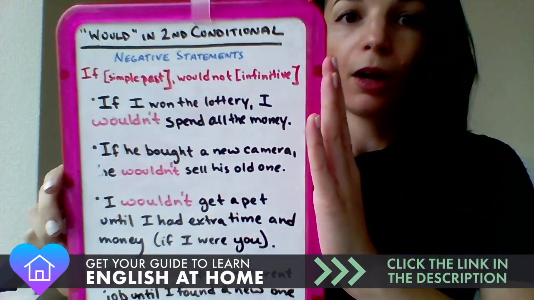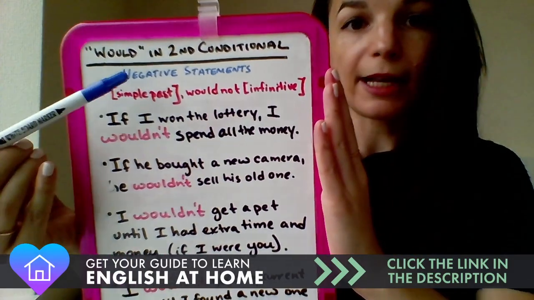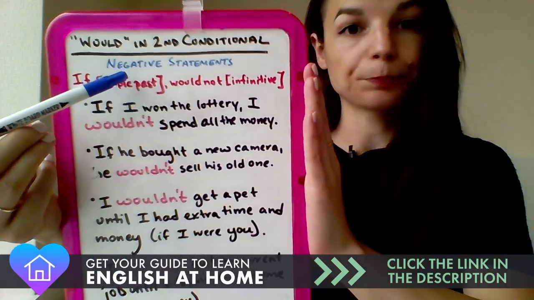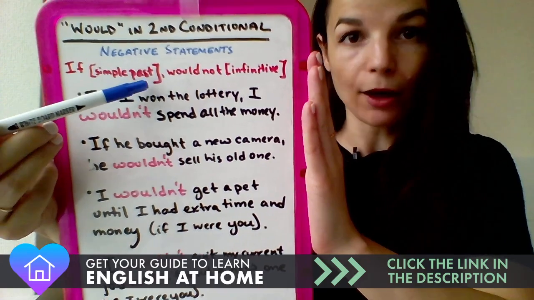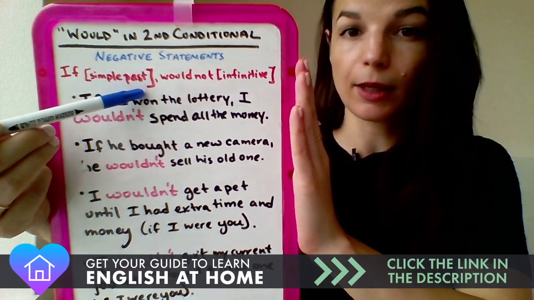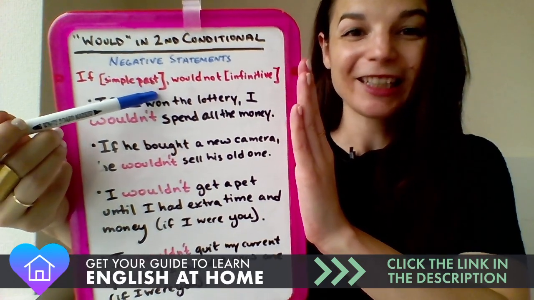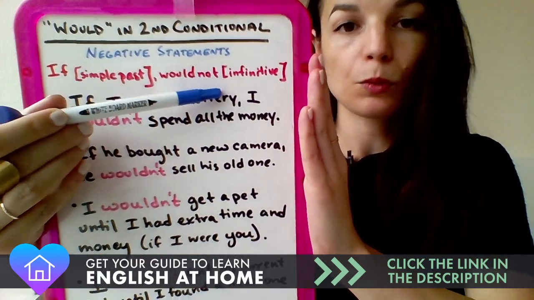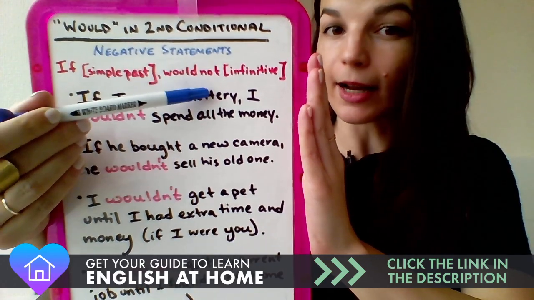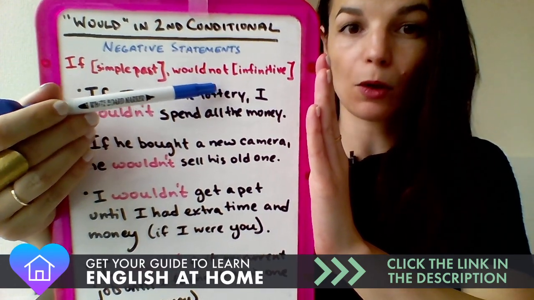Here we go. So you'll see for negative statements with would, we have this same pattern we practiced with positive statements. If, simple past. So this part is the same, yeah? However, we use would not in the main clause, or wouldn't.